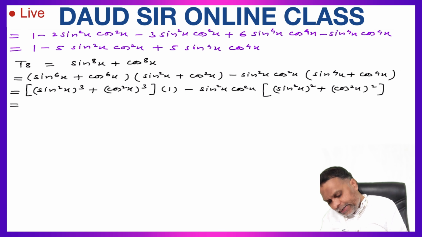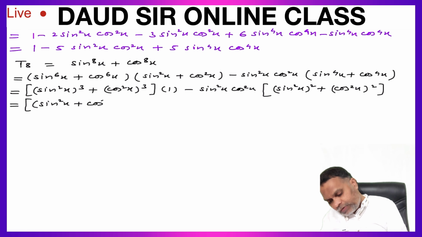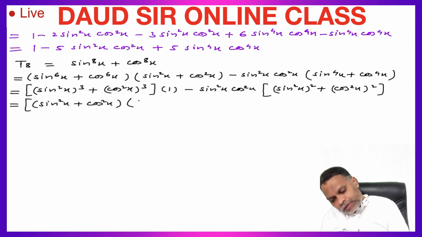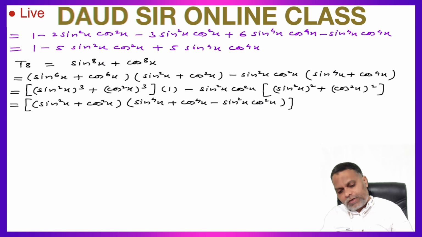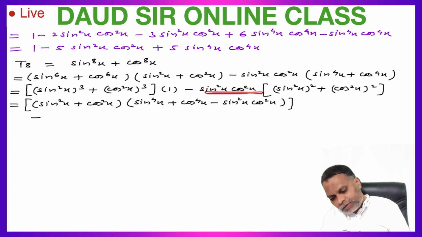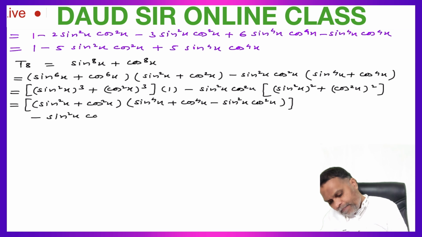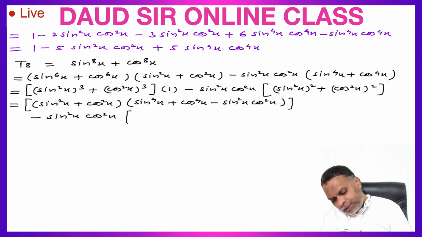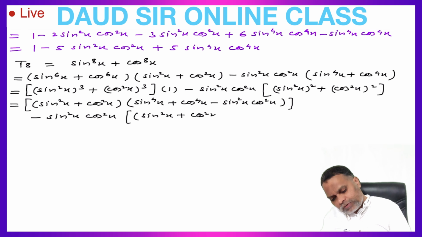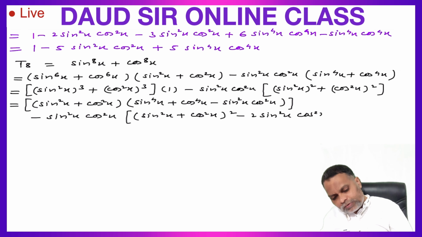Now here apply the identity a cube plus b cube, a plus b, so sin square x plus cos square x, this is a plus b, a square means sin raised to 4x plus b square cos raised to 4x minus ab, so sin square x into cos square x, this, and minus this sin square x cos square x as it is, and here in this bracket we can apply a square plus b square identity, a plus b whole square, so sin square x plus cos square x whole square minus 2ab, 2 sin square x into cos square x.